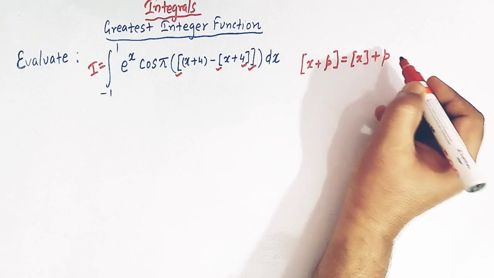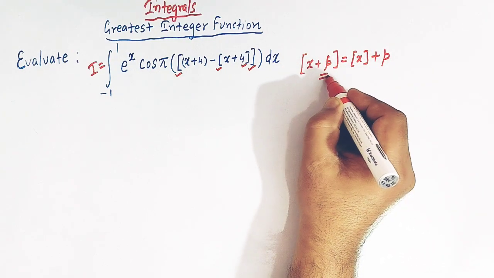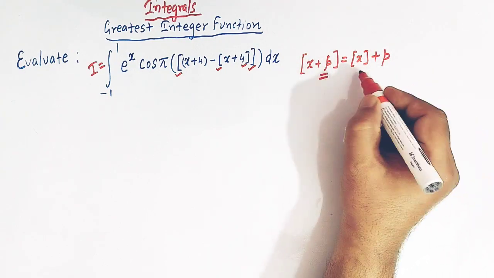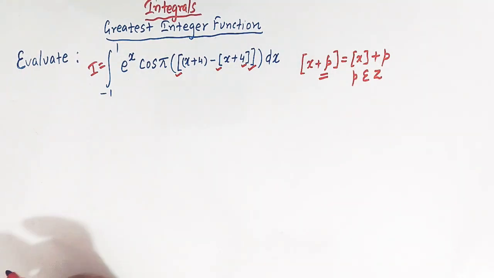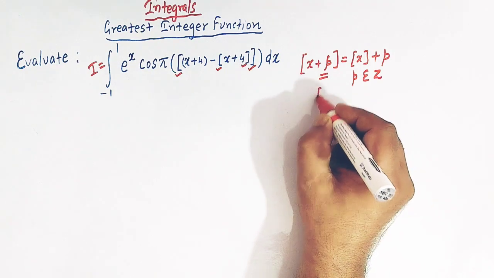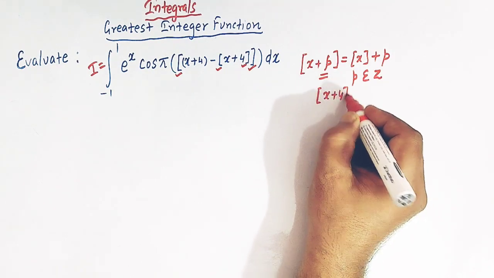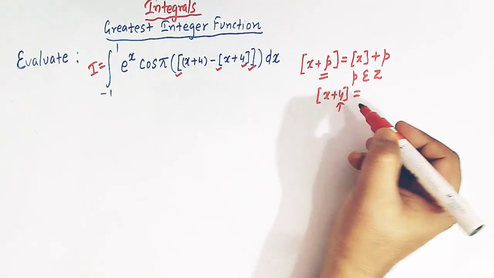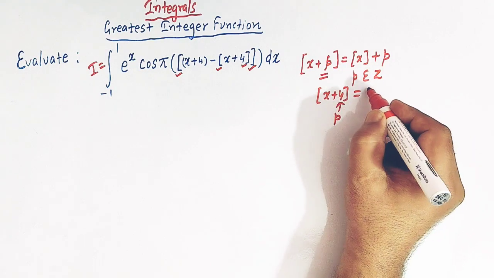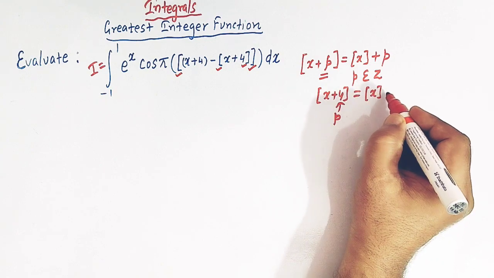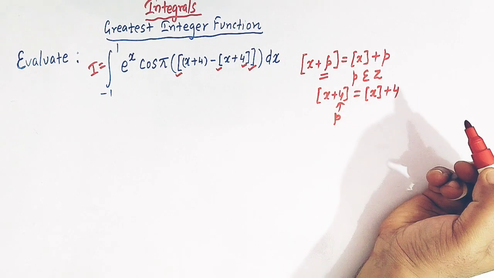Here 4 is an integer, so p is 4, so we can write it as 4 plus greatest integer of x.